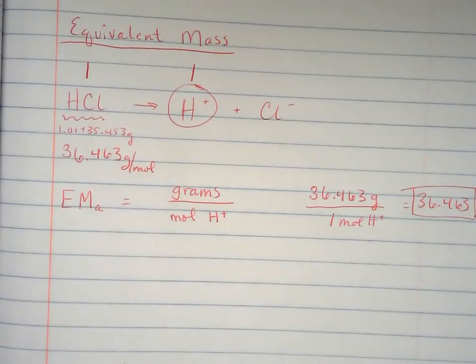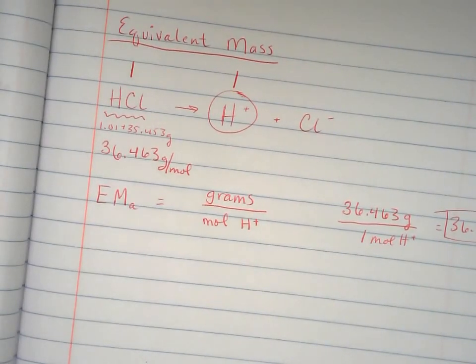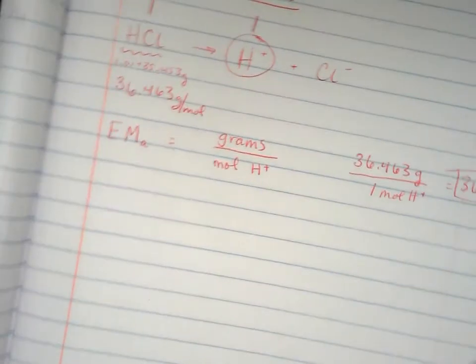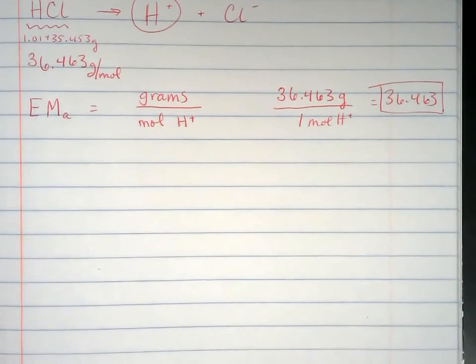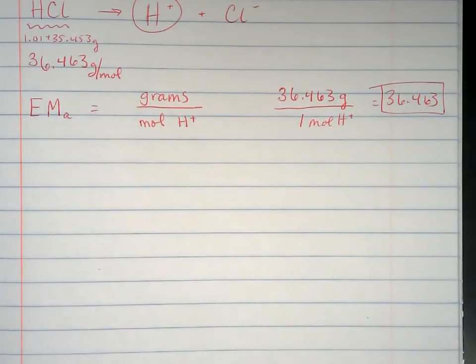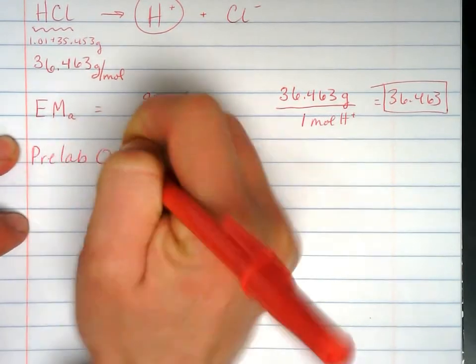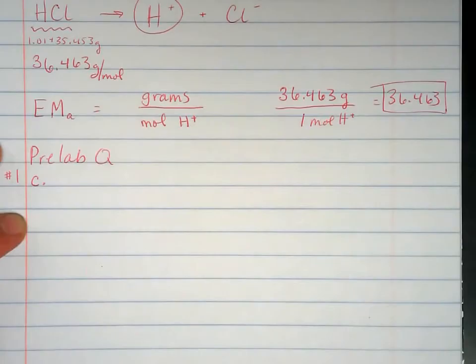But let's say you had a diprotic acid. So let's go ahead and look at one from our pre-lab, pre-lab question number 1. And let's look at 1C, because this one is a diprotic acid.